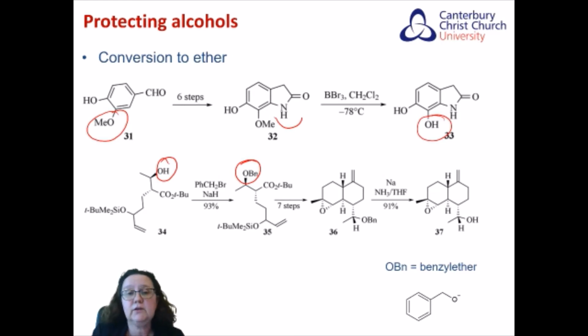You then do several synthetic steps to form the rest of the molecule, which ends up with two fused 6-member rings. And again, you still keep the benzyl ether group here, protecting your hydroxyl group.